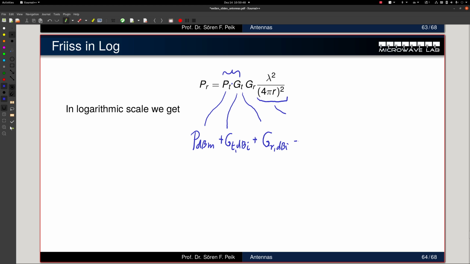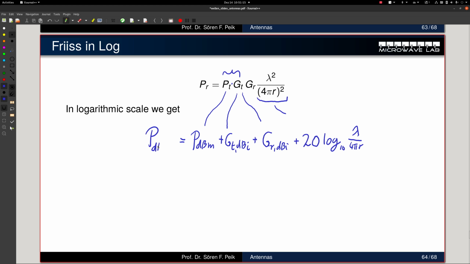And this in dB is 10 times log, or when I put the square outside, I can say 20 times log10 of my lambda over 4 pi r. And this is equal to my received power in dBm.